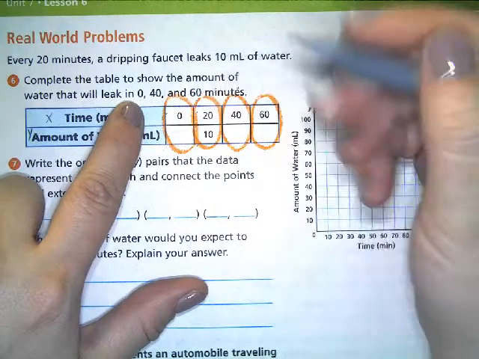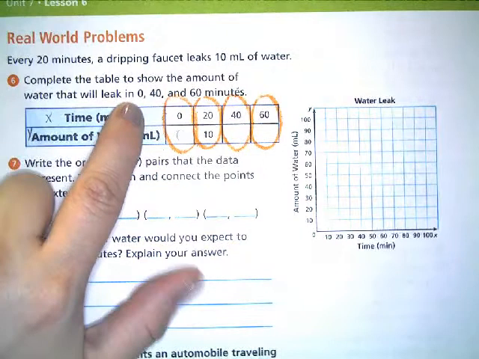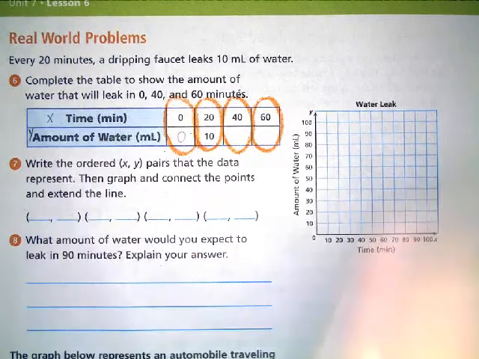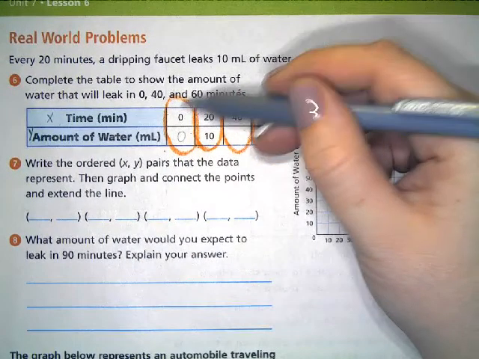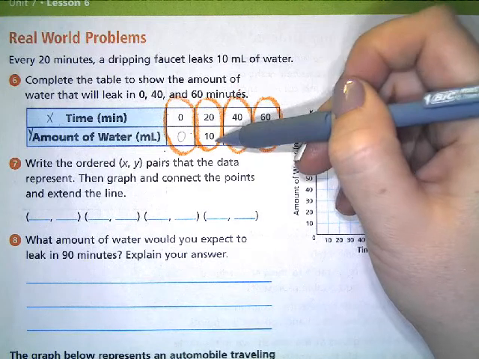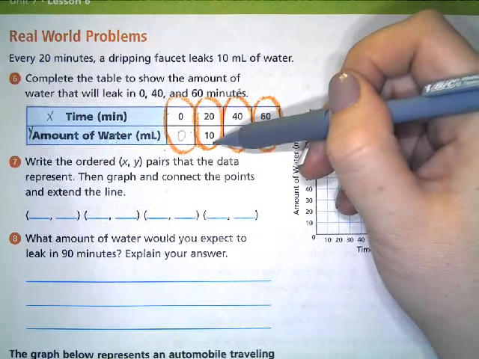Complete the table to show the amount of water that will leak in 0 minutes, 20 minutes, 40 minutes, and 60 minutes. Okay, if the water is not leaking at all, how much has it leaked? 0. Okay, good. I'm glad you know that one. Anyway, how many milliliters will it have leaked in 40 minutes and 60 minutes? So you have to think about it.